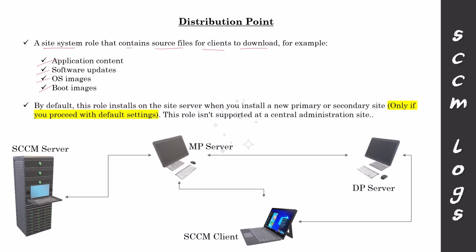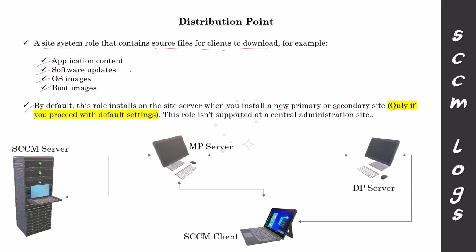Every source file which is required for the client to download is available on the distribution point server. By default, this role installs on the site server when we are installing a primary or secondary, but there is an option to change the DP server name. With that option you can change the server and install the DP wherever you want.